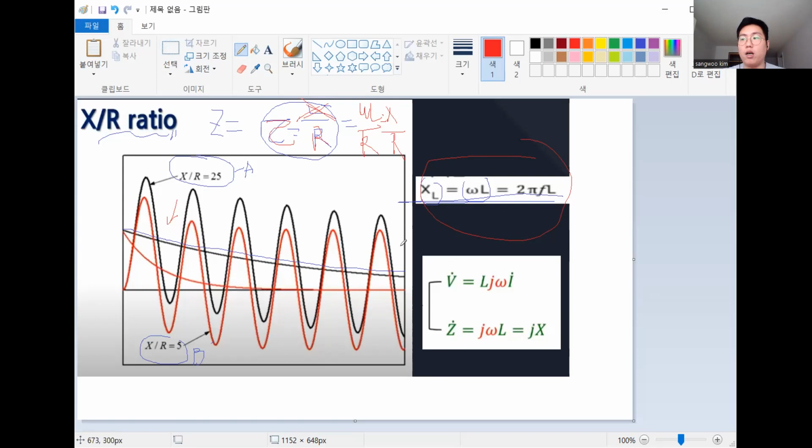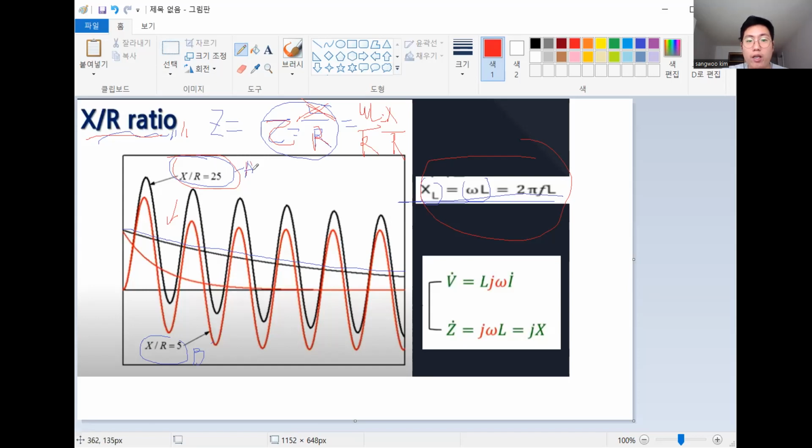Which means how fast this DC offset disappears. It happens because of the inductor's inertia, right? But the R/X ratio determines how fast it disappears or not. Look at that.